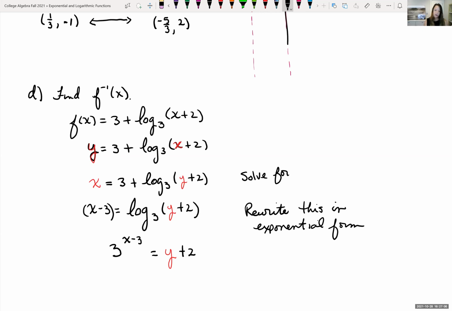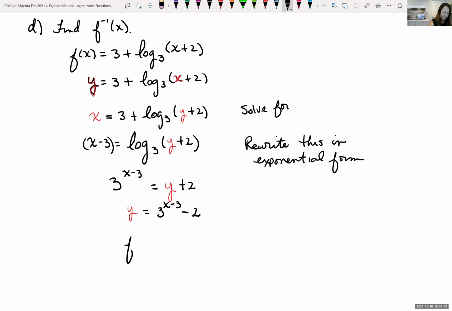So now that we've rewritten this in exponential form, we can easily solve for y by just subtracting 2 on both sides. And so we get y is equal to 3 raised to the x minus 3 power minus 2.